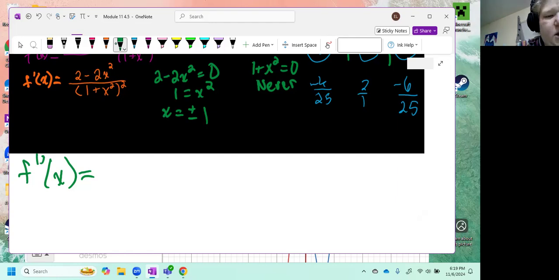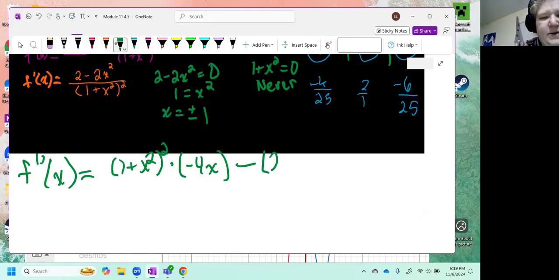All right, so low is 1 plus x squared, squared times d high. So the 2 at the front is just a number term, it goes away. So -2 times 2 is -4x. So low d high minus high, 2 minus 2x squared, d low.